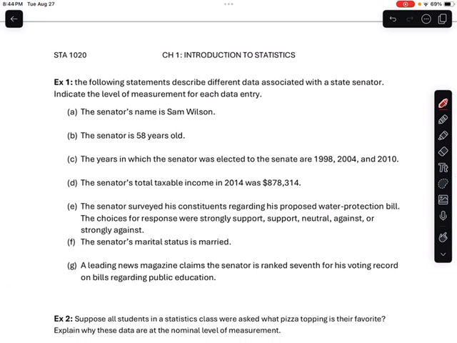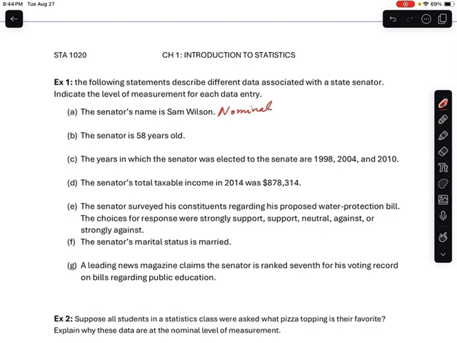Next example. It says the following statement describes different data associated with the state senator, indicate the level of measurement for each data entry. So we have to basically talk about those 4 levels. The senator's name is Sam Wilson. Now it's a name. Names are nominal level. The senator is 58 years old.